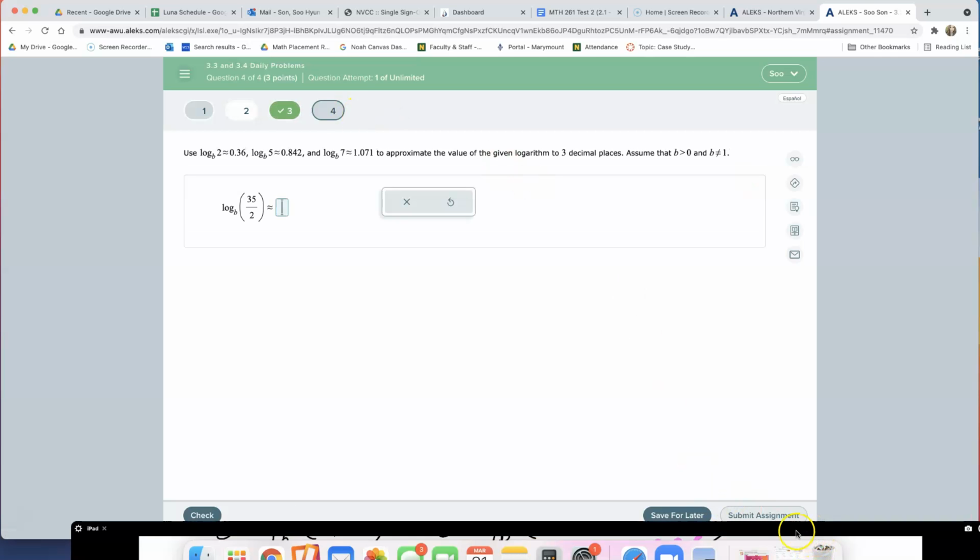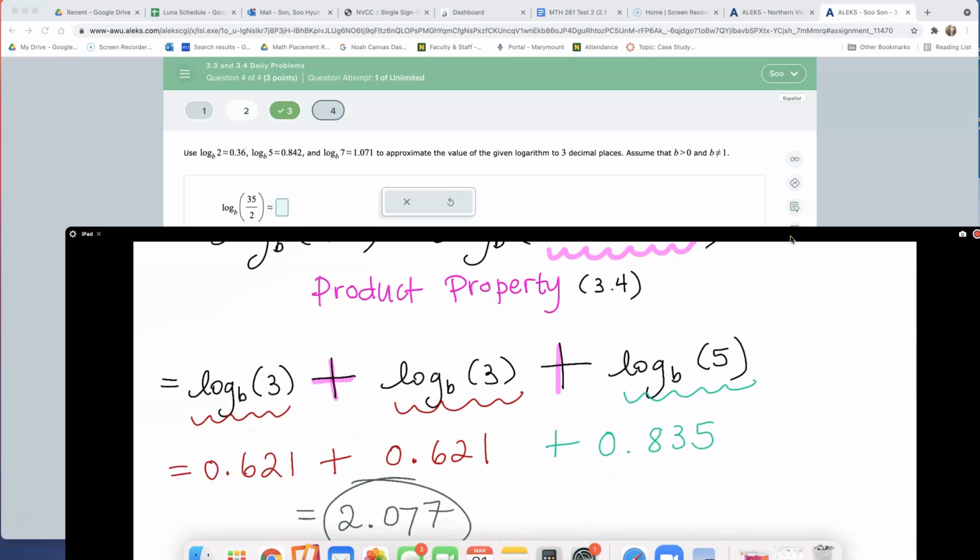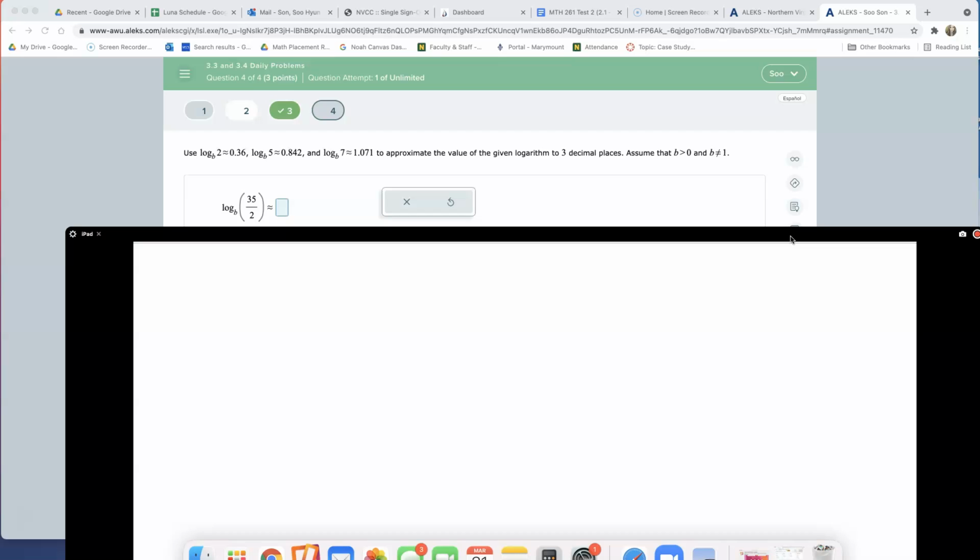It's a very similar problem, but this time we want to make 35 over 2 using those pieces. So I'll go ahead and get started again. Write down everything that we need, but the idea is that we may not really need to use everything they give us. Okay, hold on. I'm going to write down all the pieces they gave me. The next one is log base b of 5 is approximately 0.842.